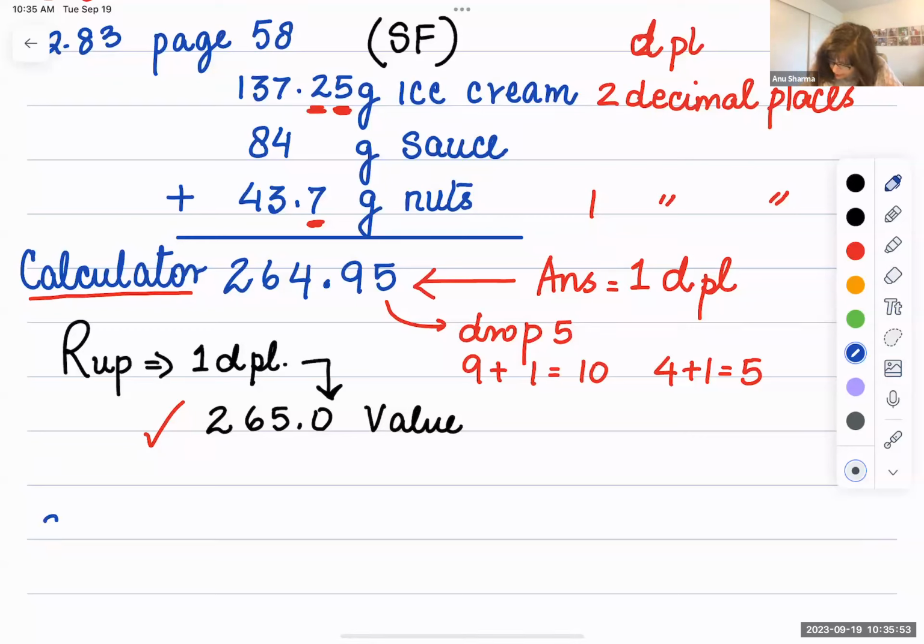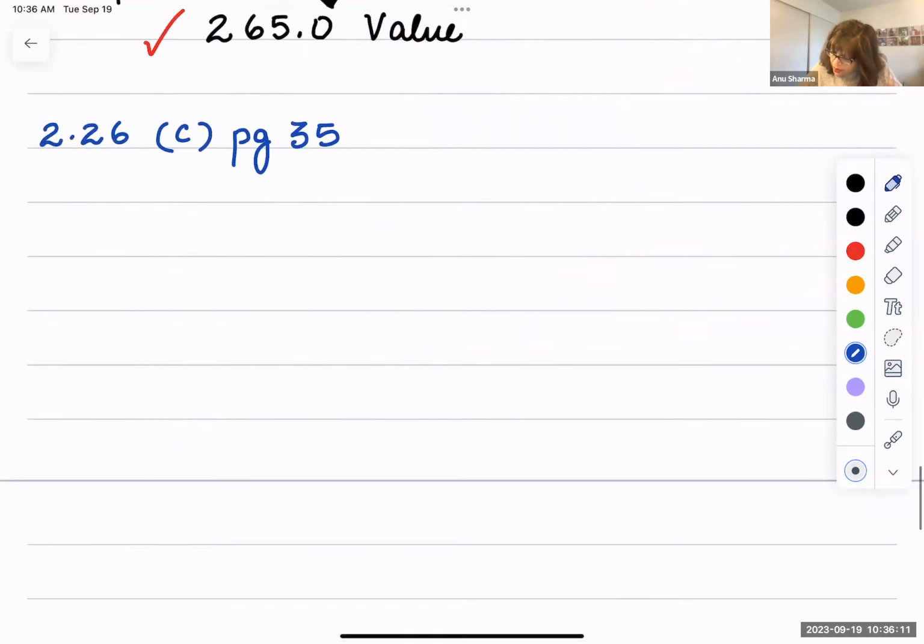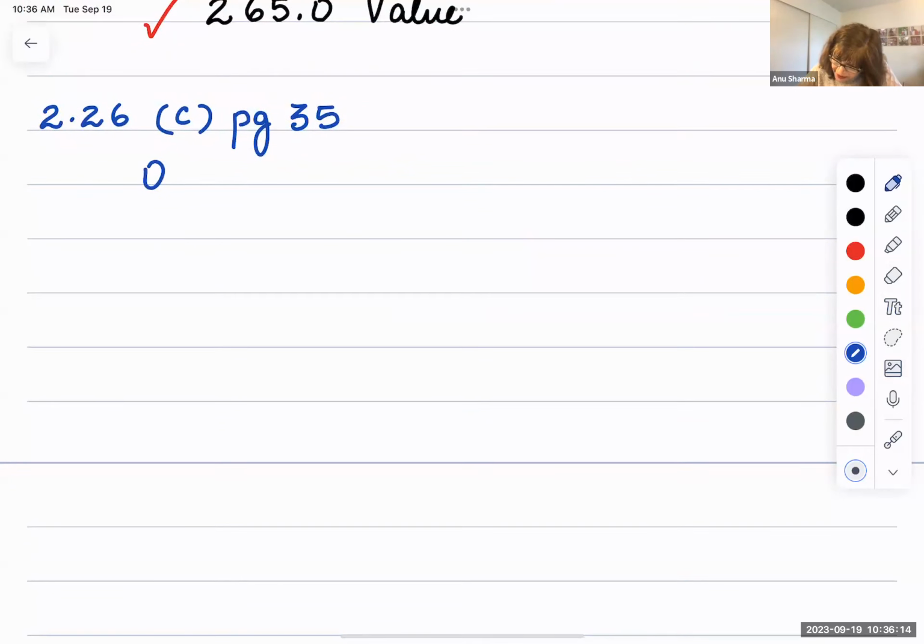This is problem C, on page 35. Here you are given 0.825 multiplied by 3.6, multiplied by 5.1.